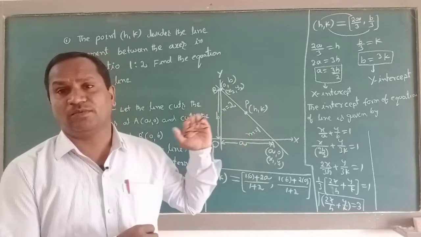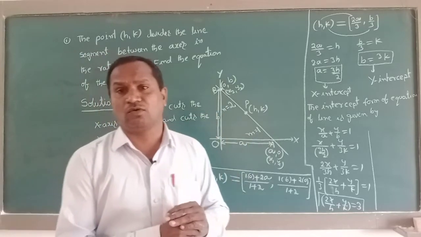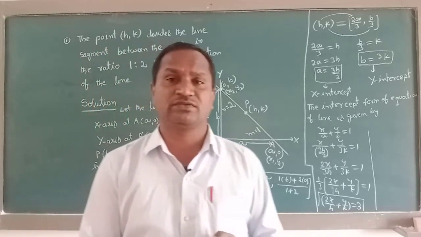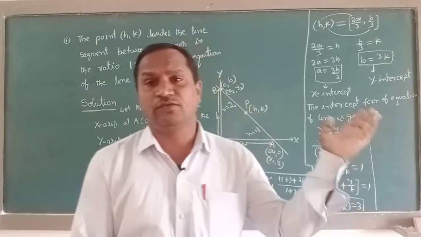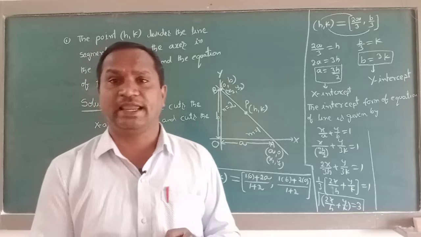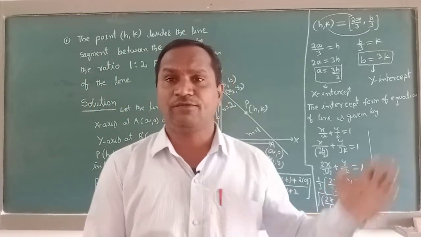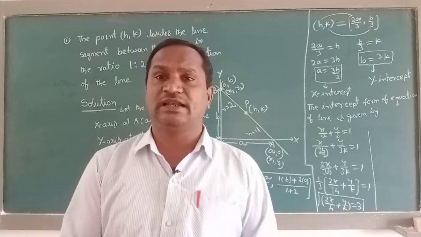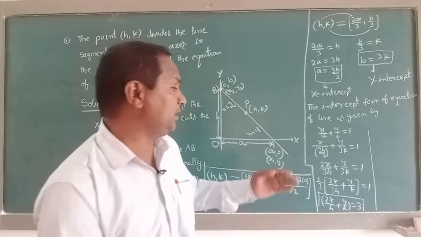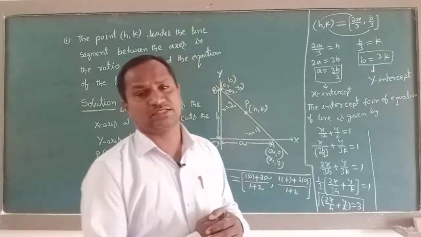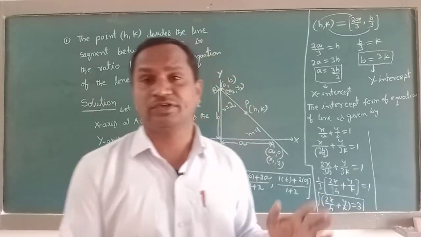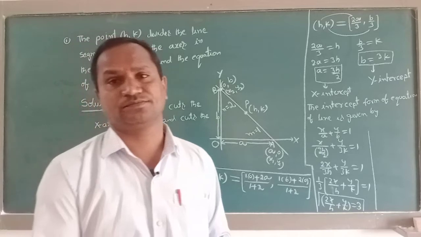With the help of that formula we got some coordinates, and at the same time we equated them with the coordinates of the given point, and finally we got the values of small a and small b. Finally we applied the intercept form of the equation of a straight line, and we got the answer 2x by h plus y by k is equal to 3. Like that we give the solution for this question.